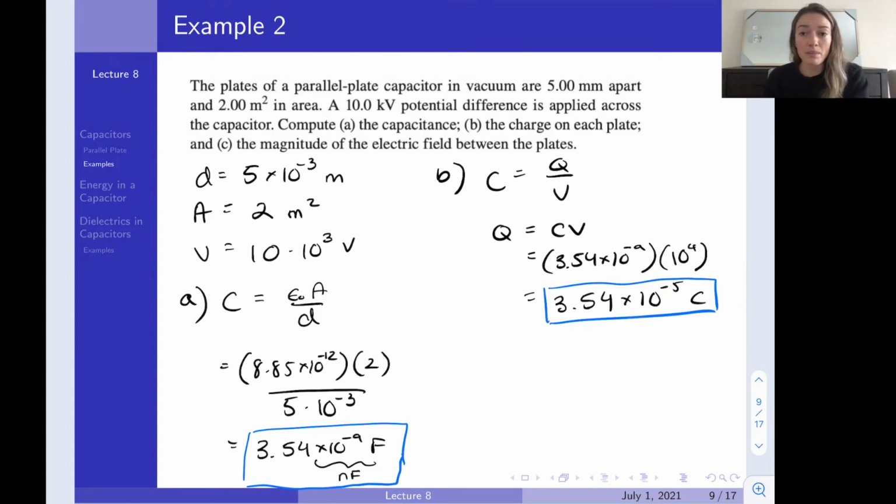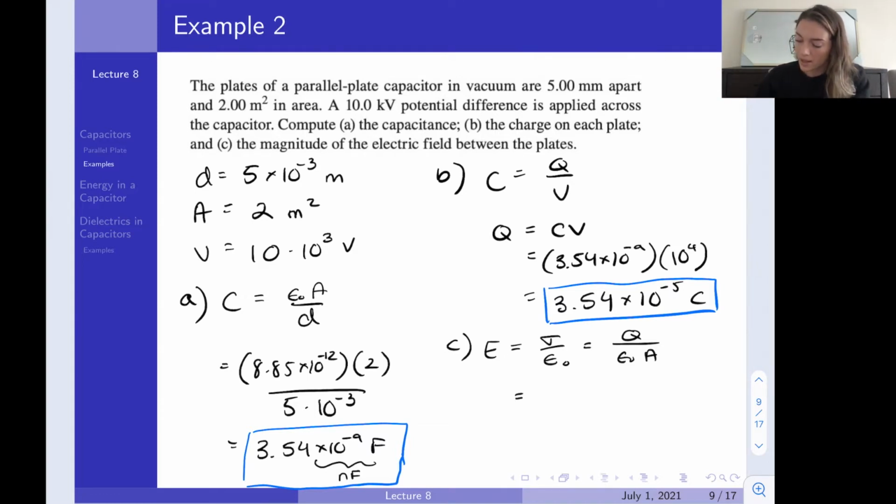And now we want to find the magnitude of the electric field between the plates. Remember we had written our electric field as the surface charge divided by epsilon naught, which we could write as the total charge on our plates divided by the area of our plates. So we just rewrote the surface charge there. Now we have Q, we've got A, we can just plug these in and find the electric field.